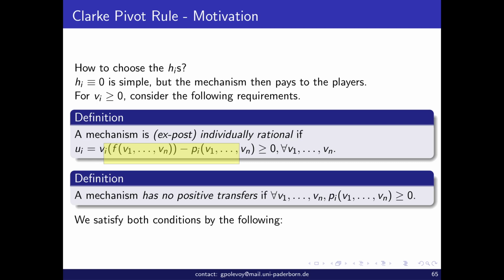It's individually rational. The second requirement is that the mechanism has no positive transfers if for any bids, true or not, of course, the payments are non-negative. Of course, the individual rationality is only when you bid the truth, because, as we'll see, the one-item auction is a particular case of the mechanism.